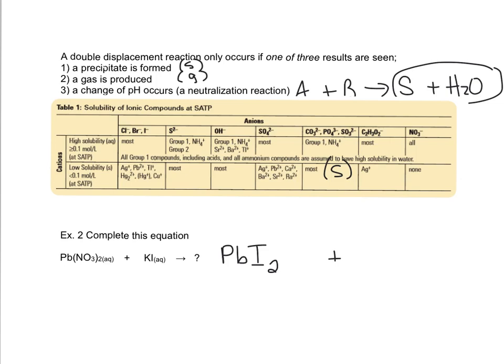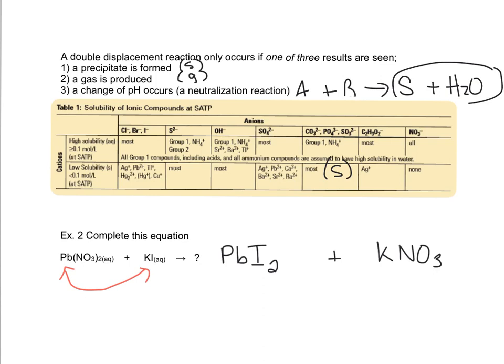And then potassium nitrate. Potassium's got a charge of 1. Nitrate has a charge of -1, so that's correct. We are switching the front parts of both of these compounds.